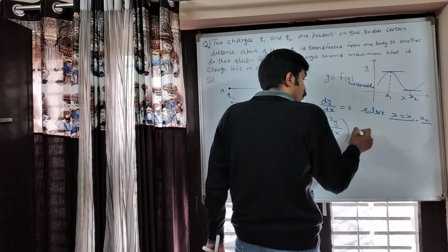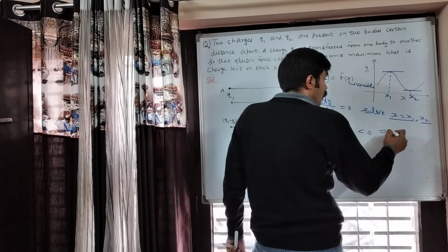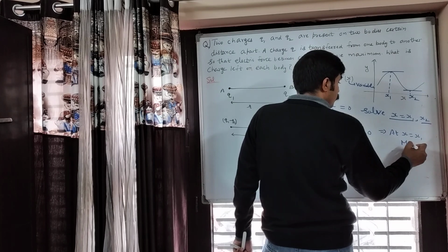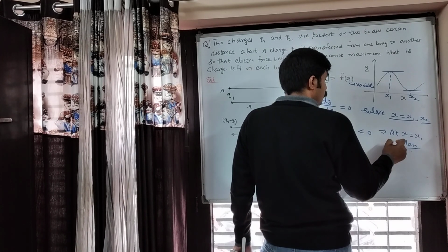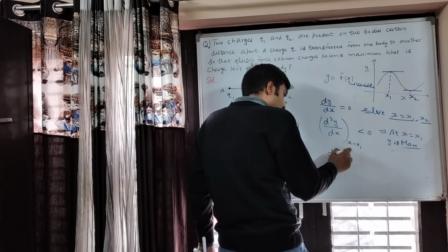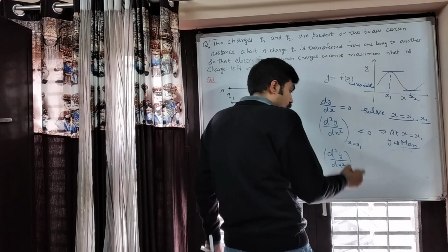If this value turns out to be negative, then it means at x equal to x1, the function is maximum. And if the second derivative value had turned out to be positive, then the function would have been minimum.